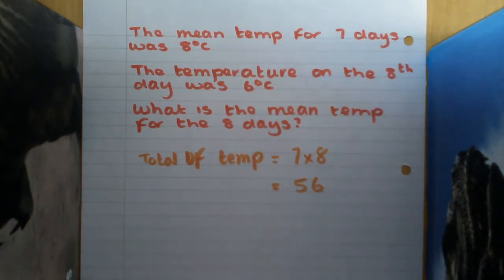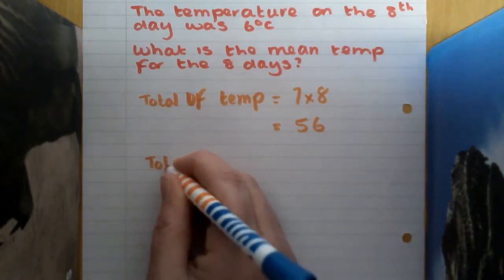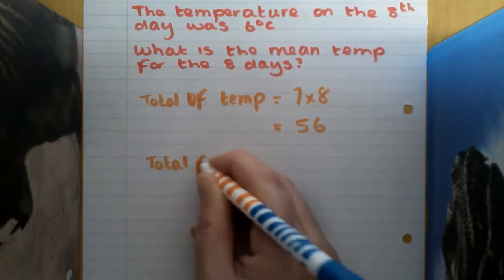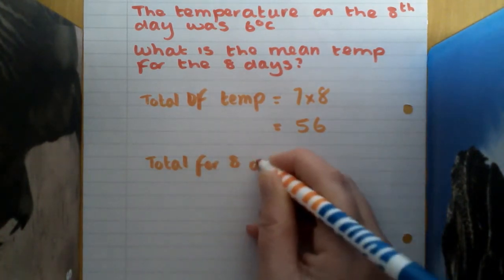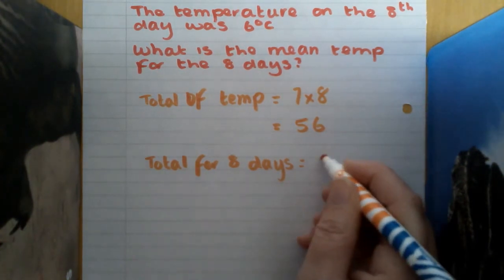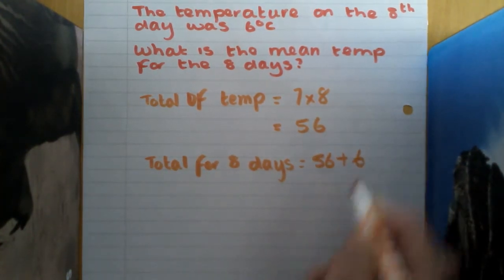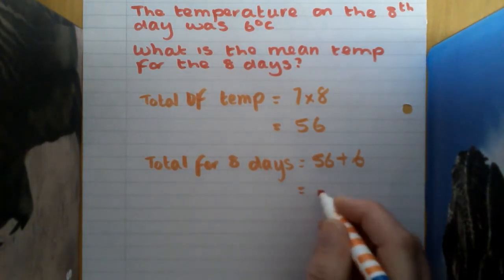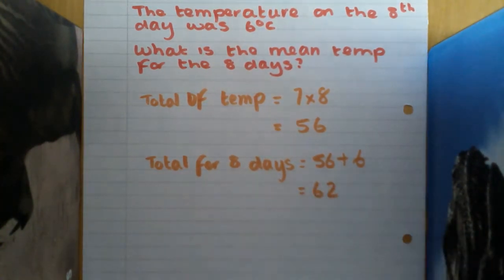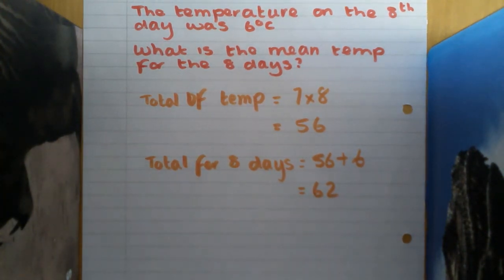If the temperature on the 8th day was 6 degrees C, my total for 8 days is 56 plus 6, which gives me a total of 62 for all 8 days.